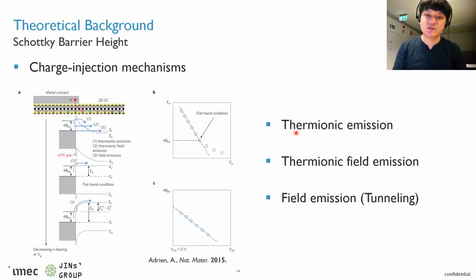Field emission, also called quantum mechanical tunneling, is when the carrier, which has wave nature, generates charge injection by penetrating the thin barrier. Finally, thermionic field emission gradually contributes as doping concentration increases.